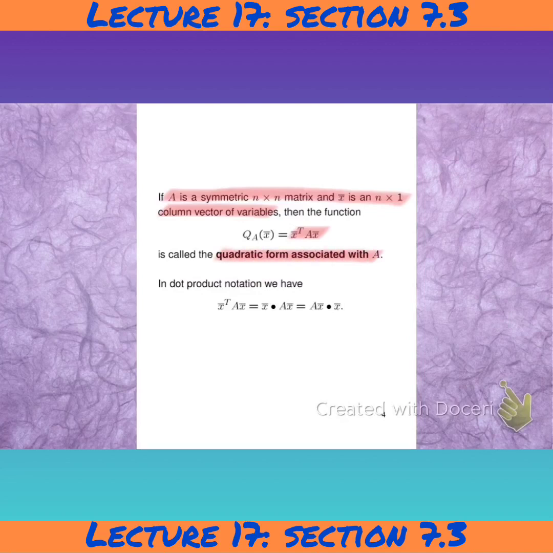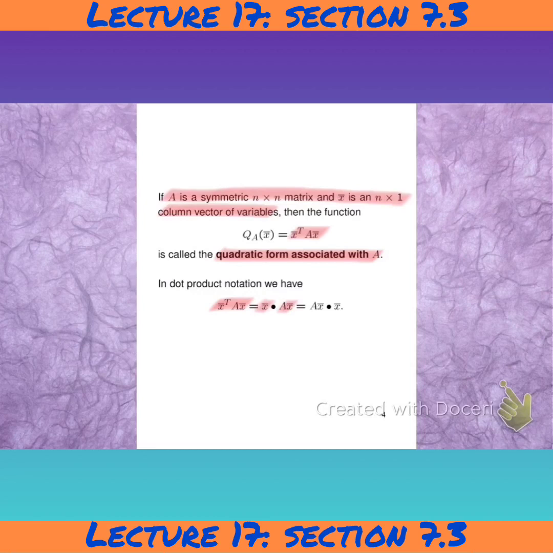Now you can also interlink between the dot product and matrix multiplication. We can write this matrix multiplication as just a dot product between two vectors, one row vector and one column vector.